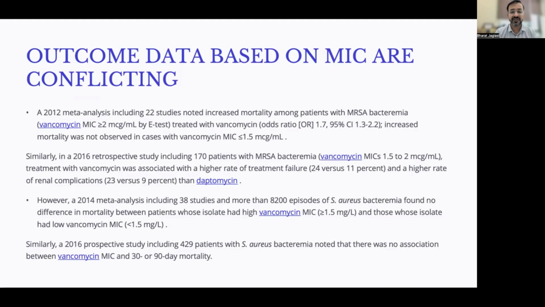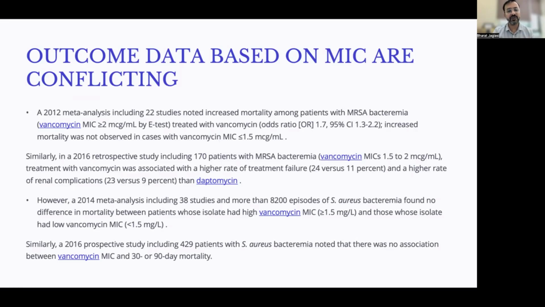Similarly, in 2016, a retrospective study including 170 MRSA patients, where vancomycin was used at MICs of 1.5 to 2, found that treatment with vancomycin was associated with higher treatment failure and a higher rate of renal complications than daptomycin.